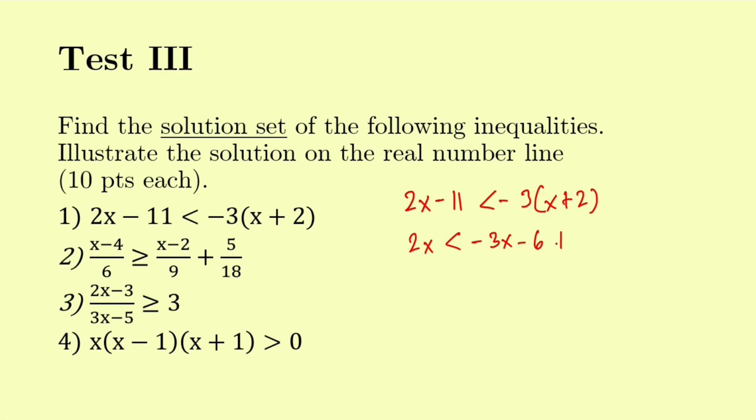And then, plus 11. 2x plus 3x is less than negative 6 plus 11, which is equal to 5. So, 5x is less than 5. Divide both sides by 5. X is less than 1. So, for this one, ang sagot is x such that x is less than 1.